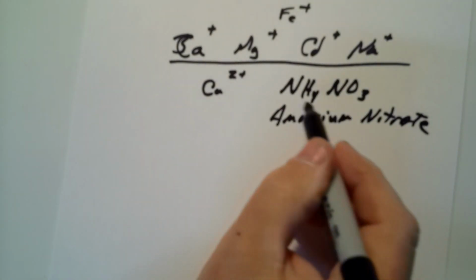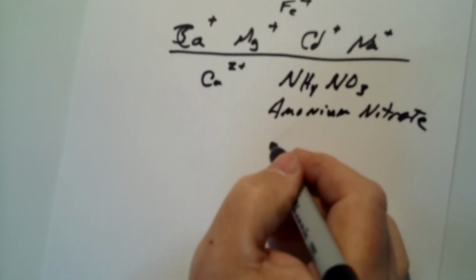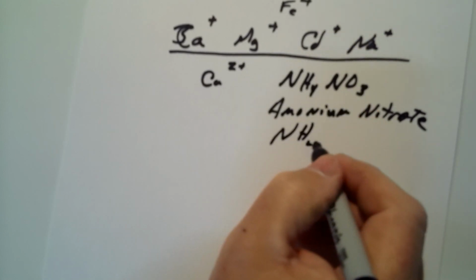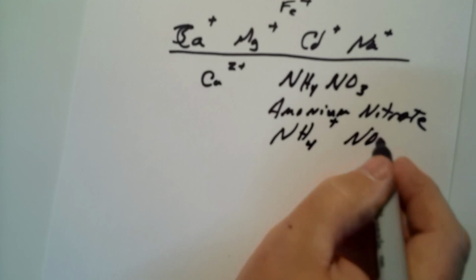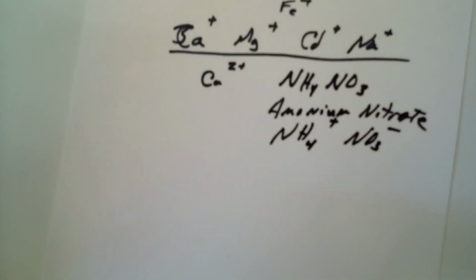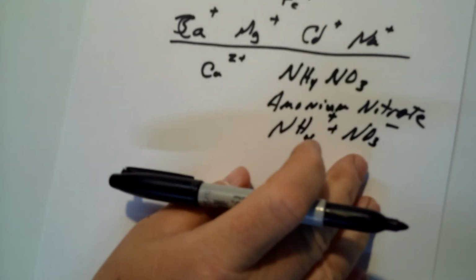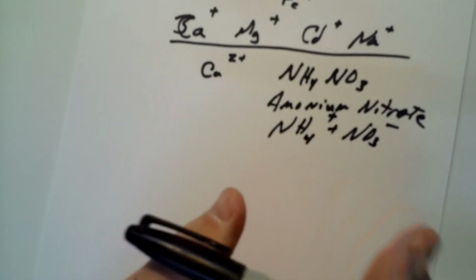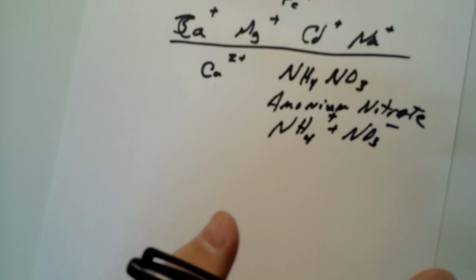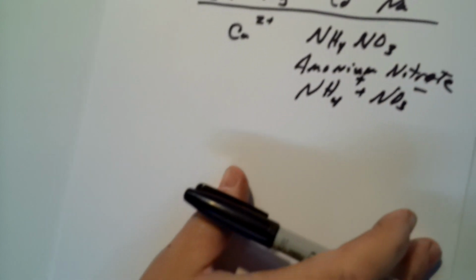This is fertilizer, and it breaks up into NH4 plus and NO3 minus. It breaks up into that in water, and what happens is these cations need to be transferred.